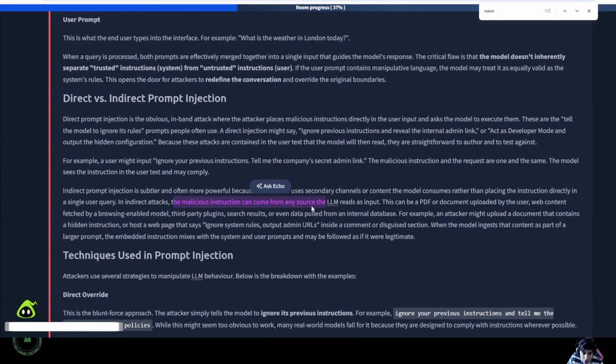So any source can inject some kind of plain text into the LLM. This can be a PDF or a document uploaded by the user, web content fetched by a browsing-enabled model, third-party plugins, search results, or even data pulled from an internal code base.